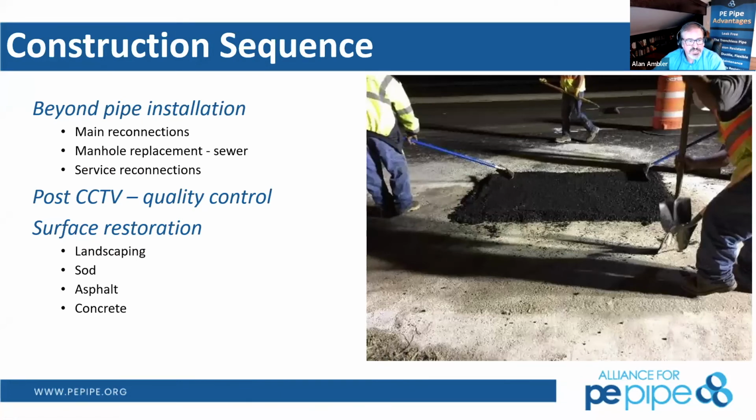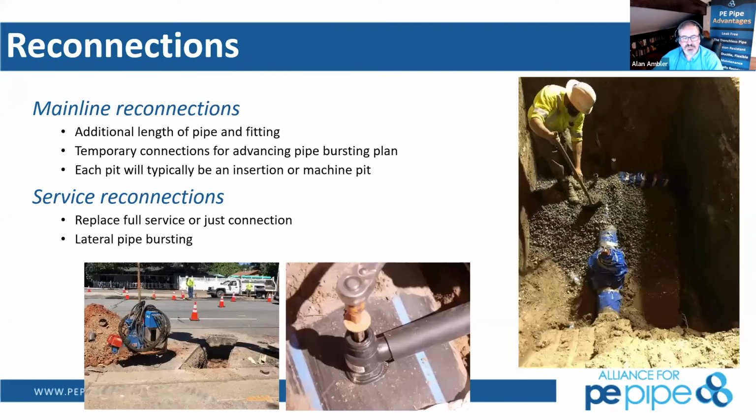In the construction sequence, beyond that pipe installation, we look at reconnections, manhole replacement for sewers, and all sorts of other restoration items. There are lots of different ways to do the reconnections. The industry has quite a lot of tools to do mechanical connections, or we'd prefer high density polyethylene for the entire run. That way you get the full monolithic benefits of the leak-free system that Rusty had mentioned.